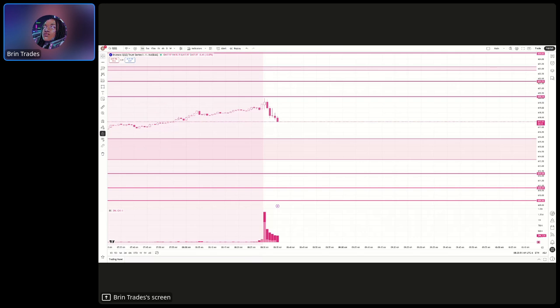Looks like price is forming a bearish trend right now to the downside, but the candlesticks are pretty small.